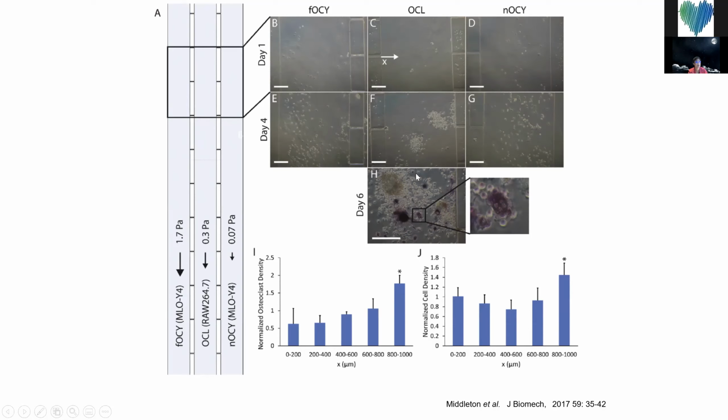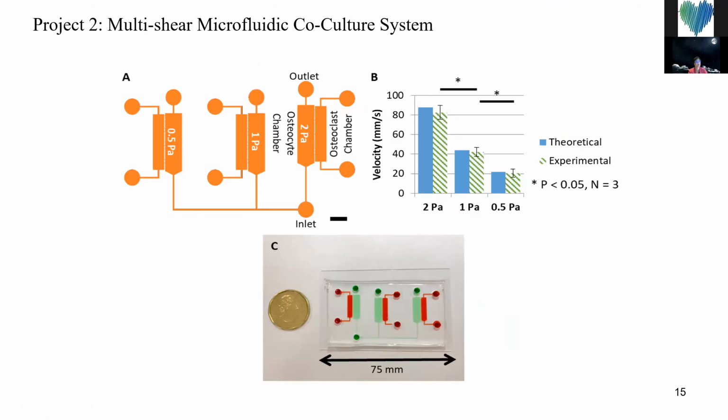We show that osteoclasts are prone to move towards the non-loading side, which means that when bone cells are not loaded, they release signals that attract osteoclasts and cause more osteoclast formation, so that the bone will be more degraded, and therefore you will lose more bone as a result.